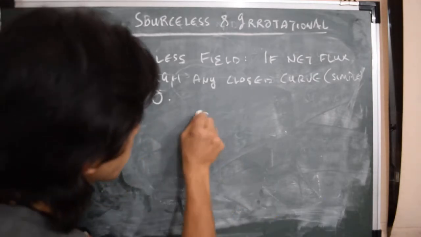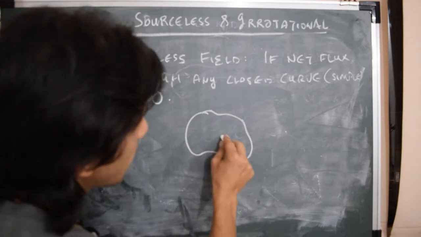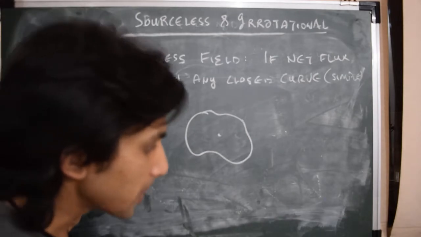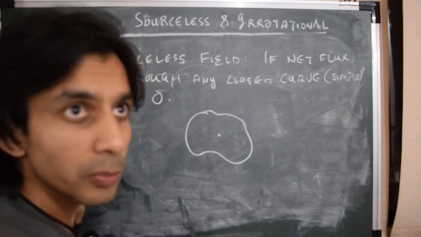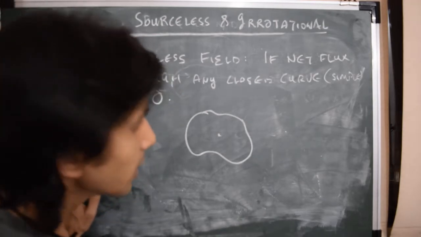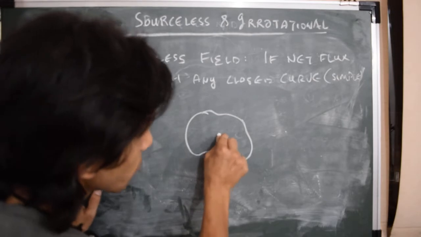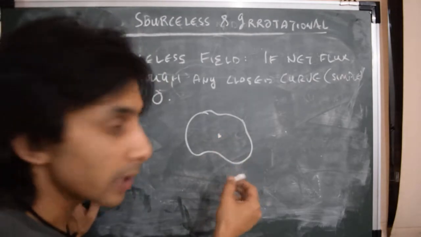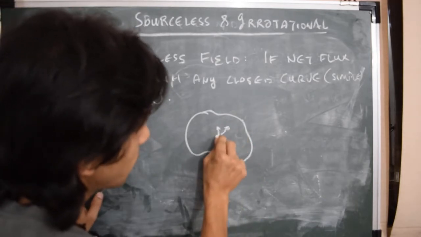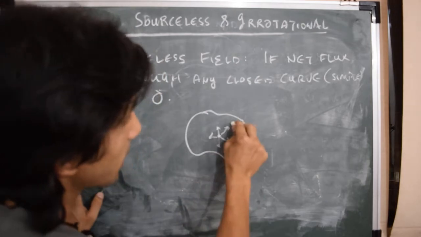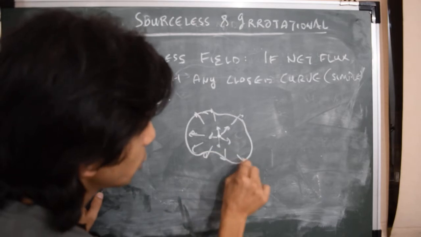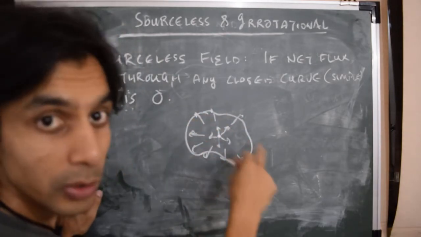So why is it called sourceless? Well, again, let's just consider this loop. These ideas are borrowed from our intuition with how fluids behave, but you could also apply them to charges and any other kind of field. So let's just think of a fluid, for instance. If there is a source of fluid here, imagine some kind of a fountain head or a tap that's located here, then there might be a flow which is radially flowing out of that region, and in this case there will be a net flux through any closed loop which we draw around the source.